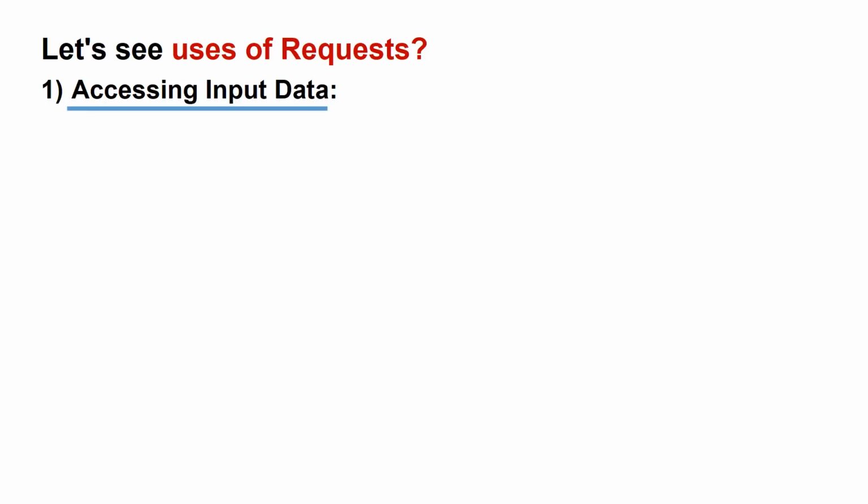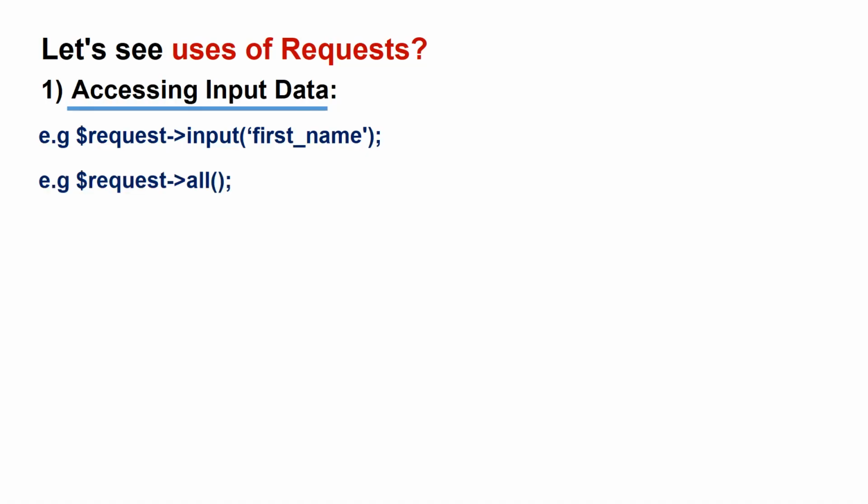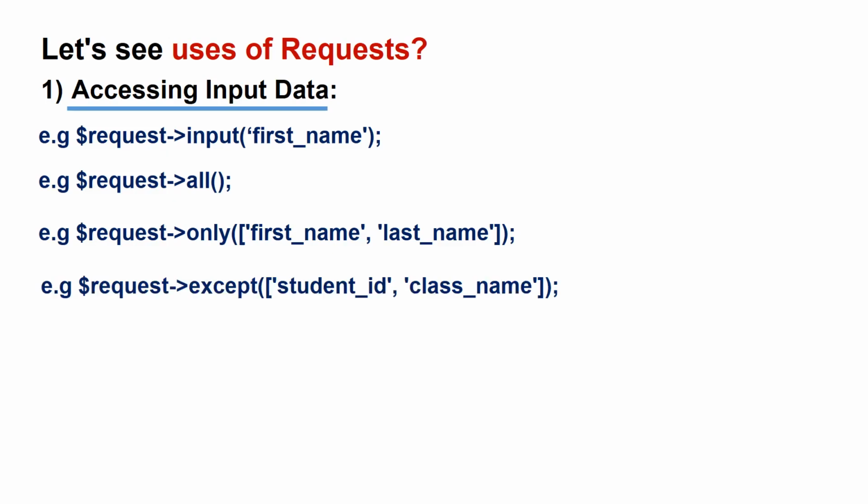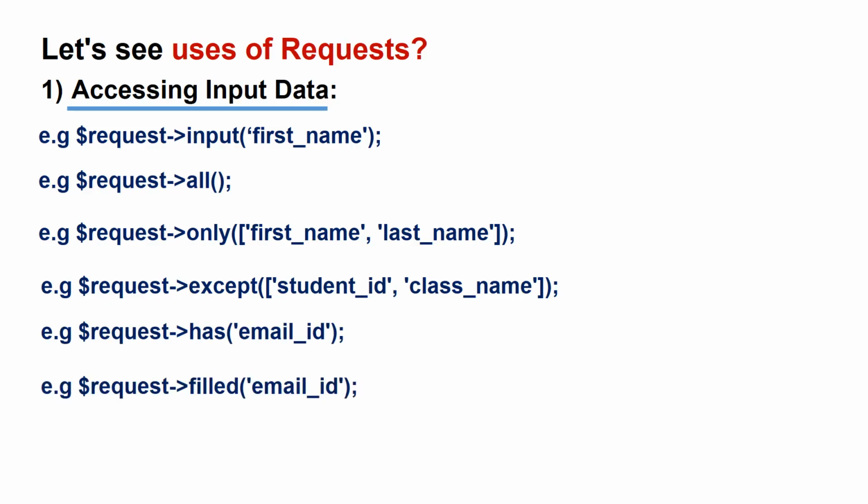We can access this input using requests by performing actions such as retrieve an input value by key, retrieve all input data as an associative array, retrieve only specific keys, retrieve all input except specified keys, determine if the input key exists, checking if the input key is present and not empty, and retrieve a Boolean value from the input.